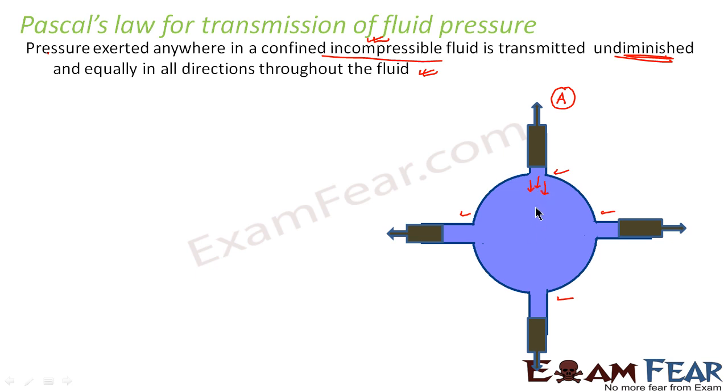So this pressure gets transmitted in all directions equally. That means the amount of pressure that is exerted here, equal amount of pressure gets exerted along all the directions, because of which all the 3 other pistons are moved outwards, and they move equal distances outward. That means the equal amount of pressure is exerted in all directions.